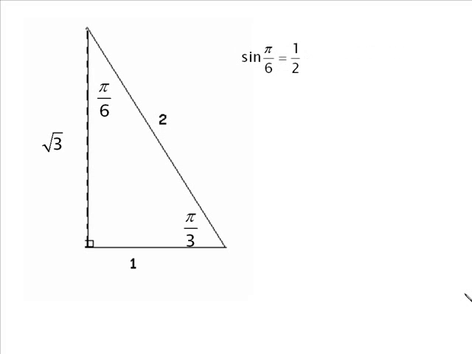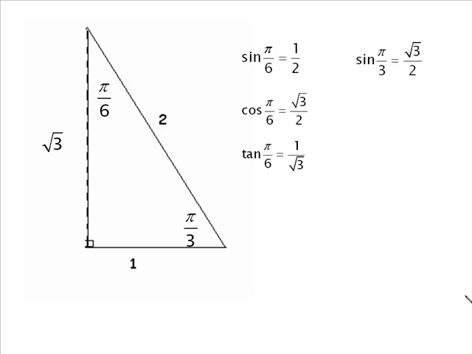So the sine of pi over 6 is equal to 1/2. The cosine of pi over 6 is equal to square root 3 over 2. The tan of pi over 6 is equal to 1 over root 3.